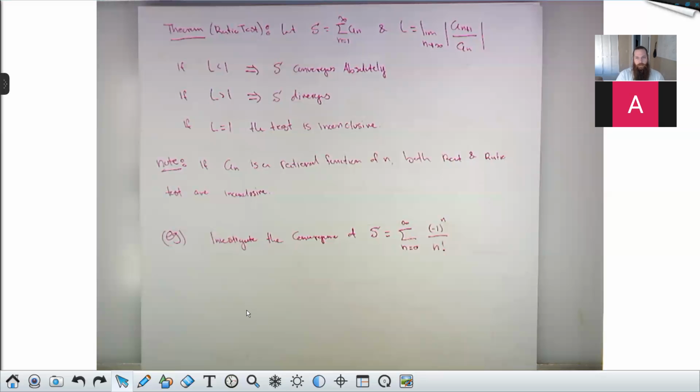And until today, the only tool we had to work with this was the alternating series test. But the alternating series test kind of sucks. It'll never tell you that a series converges absolutely, and it'll never tell you that a series diverges. It's only ever able to tell you that a series converges. And then you have to do more work if you want to figure out if that convergence is absolute or conditional. So rather than using the alternating series test on this, I'm going to use the ratio test.